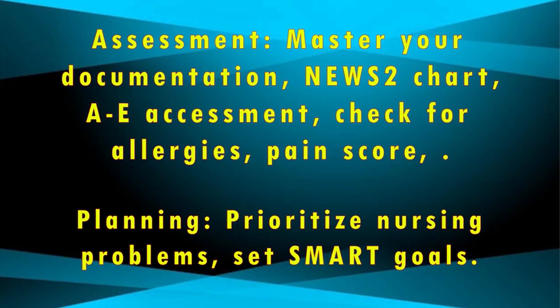Then under planning, ensure that you prioritize your nursing problems appropriately using the SMART technique. We'll call it specific, measurable, attainable, achievable, then realistic and time bound. So under planning, we'll talk a little about that, but ensure that the problem of your patient is prioritized according to urgency or according to importance.